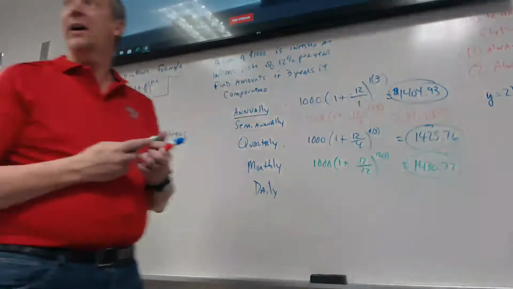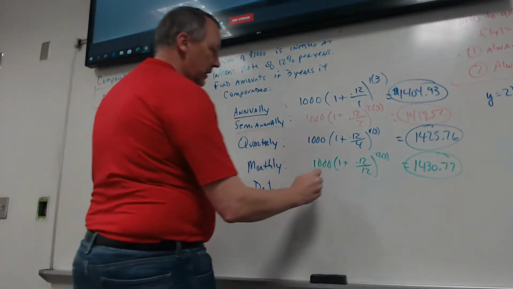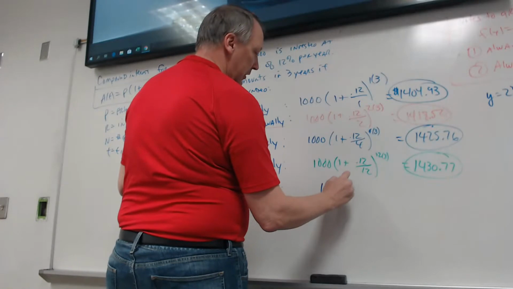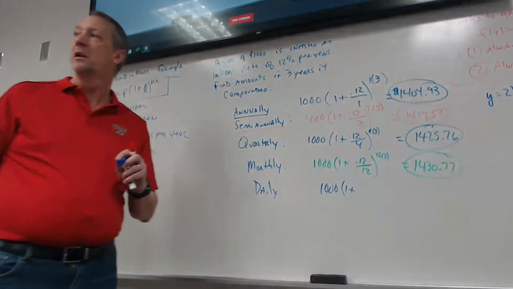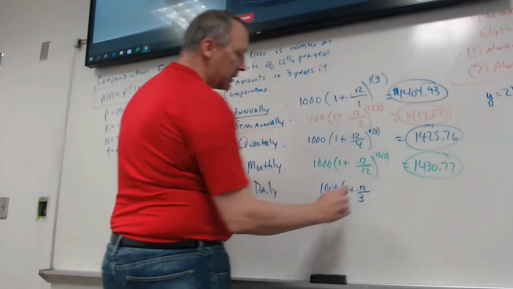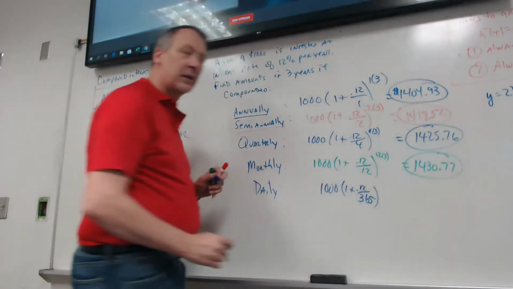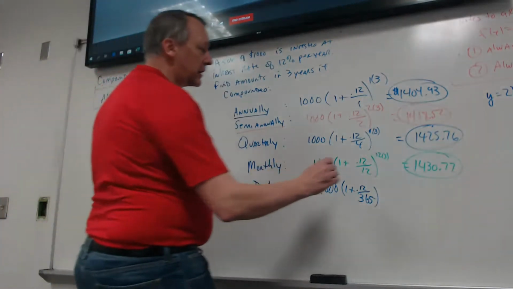And then finally, Zach, can you help me do daily? 1,000. 12. 365. 365 times 3.